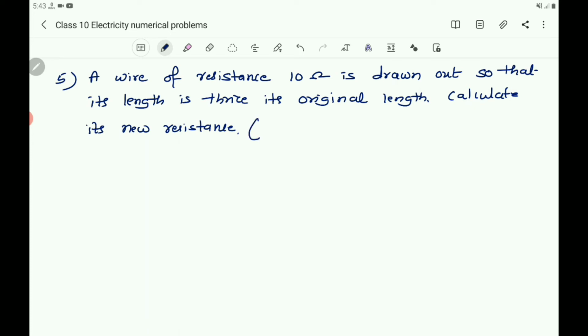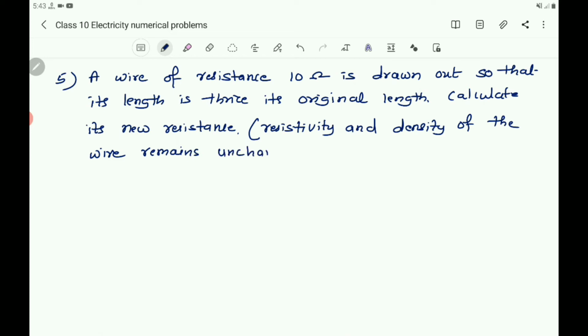Here you note that resistivity and density of the wire remain unchanged.